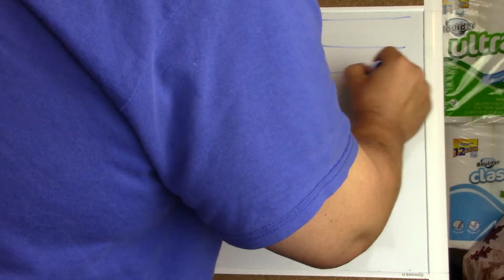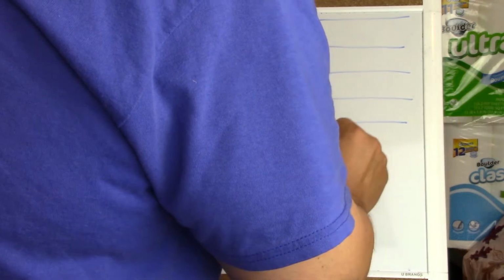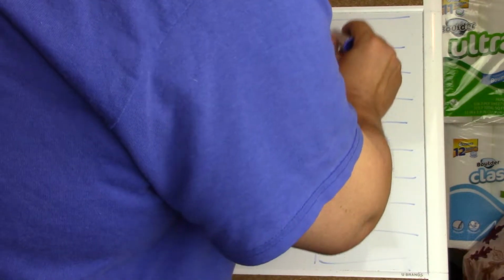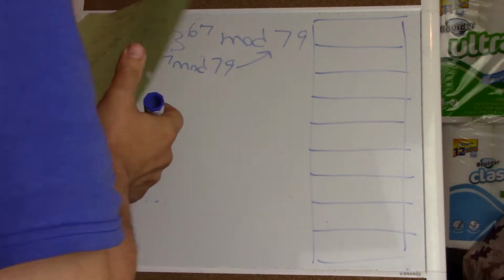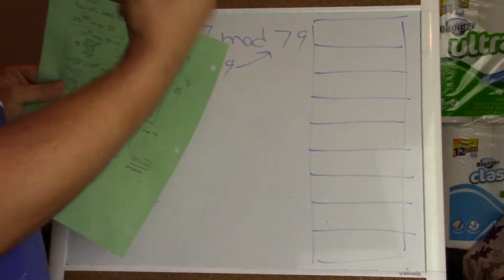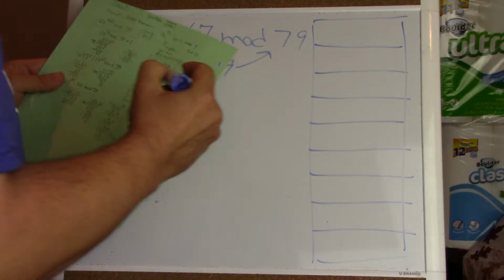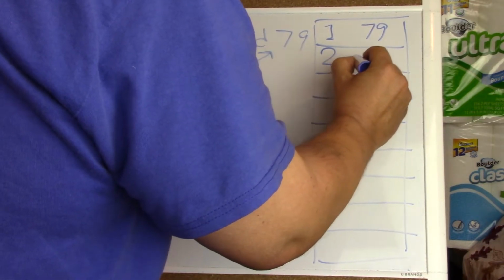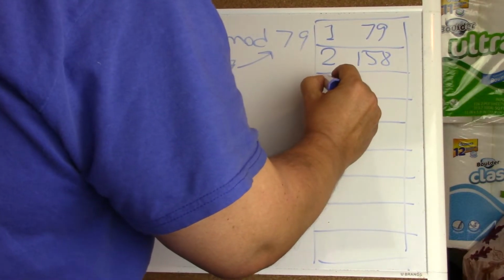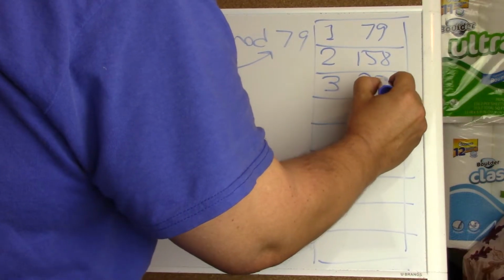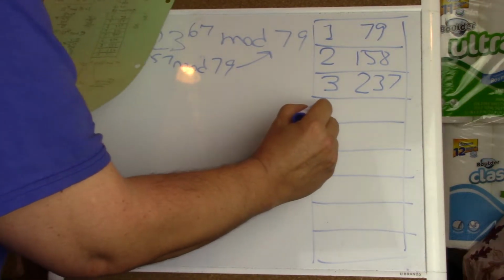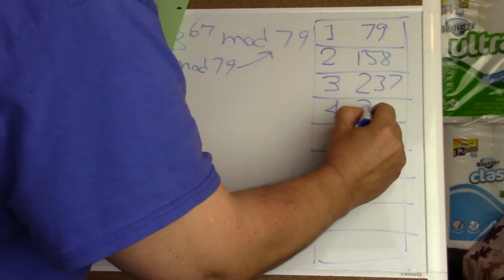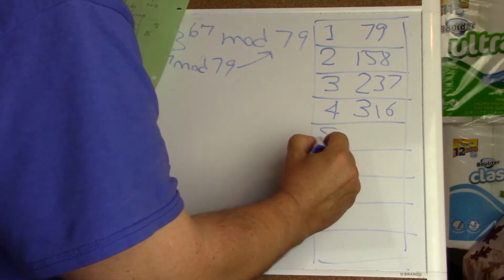Okay, so let's build the table of powers of 23 mod 79 in here. Now I've already done it off to the side, so I'm not going to calculate it for you in this particular video, but when I do my self-test, I will be doing that. 1, 2, 3, 4, 5.